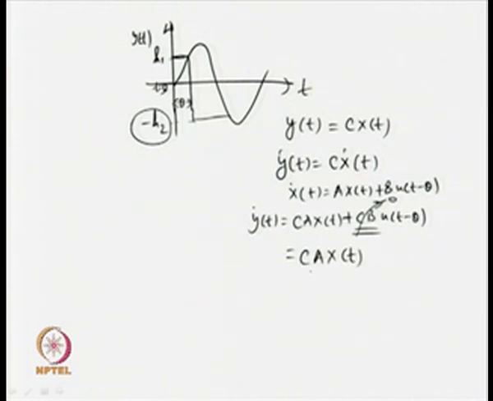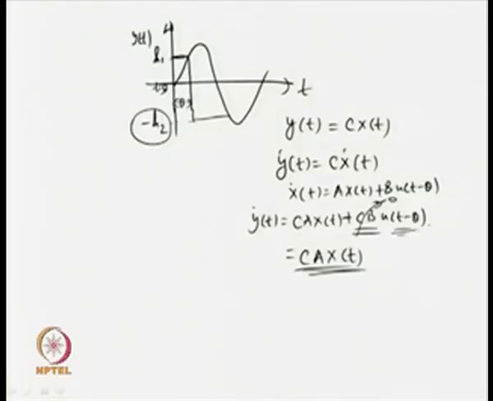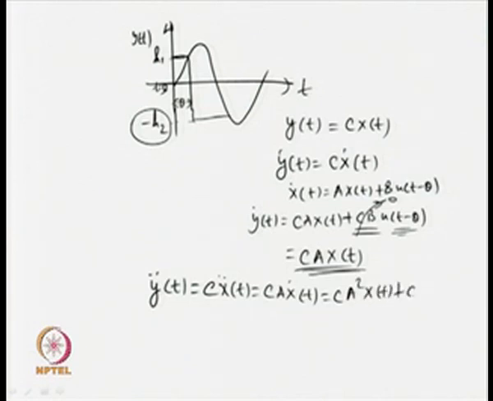Now, when you take this plot here, due to C and A, you will get some changes definitely, but the input term is gone here. When we take the second derivative y double dot(t), which is nothing but C x double dot(t), it can ultimately be written as C A x dot(t), which is equal to C A square x(t) plus C A B u(t minus theta).